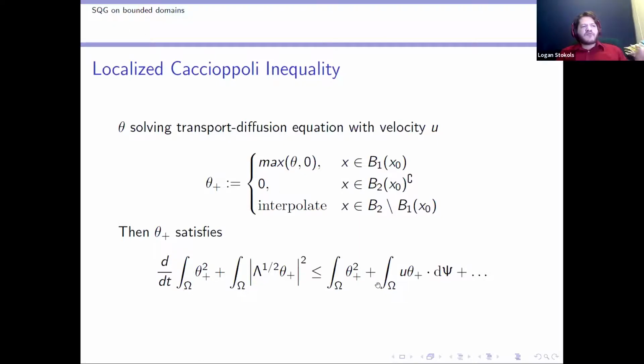I've dropped a couple terms that show up that are not super important, but the key is that you end up with the time derivative and the HS norm being bounded by the L2 norm and this one term involving u. Psi here is the function you use to localize. It's a constant, you can define it explicitly. So you end up with u times theta plus.